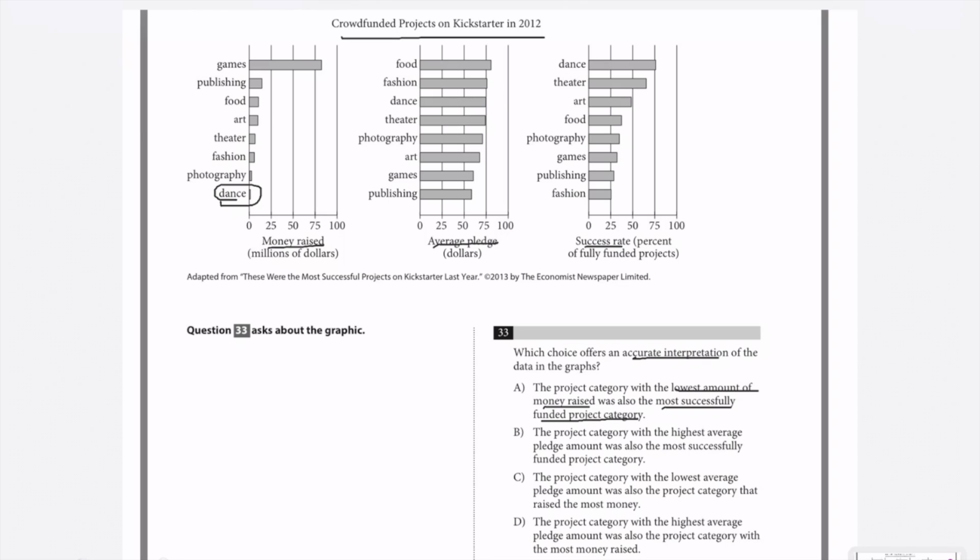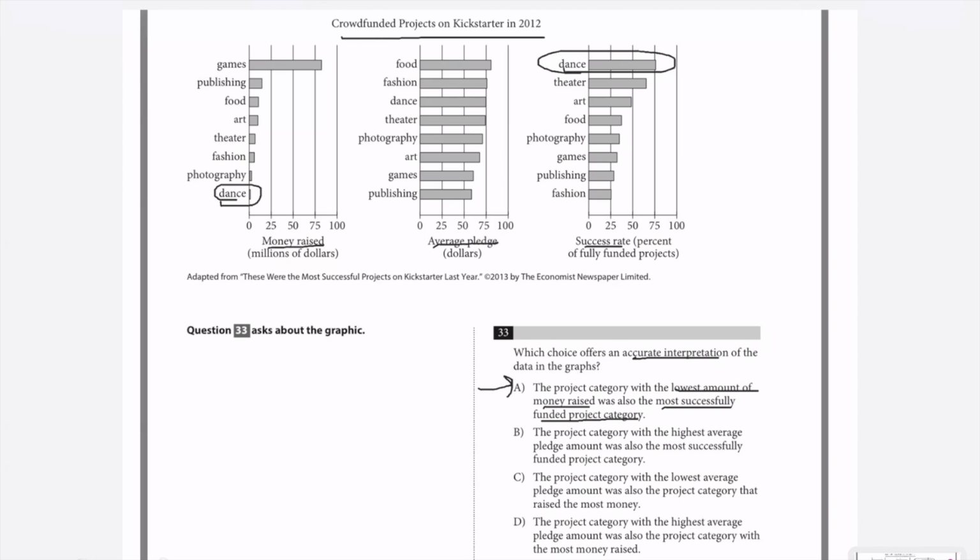And then it says that the category with the lowest amount of money was also the most successful. So we go over to the graph with success rate, and we see that the highest success rate was also dance. So dance also had the least amount of money raised, but also was the one with the highest success rate. So A is a correct answer, but let's go through and make sure that all of the other answers are incorrect.